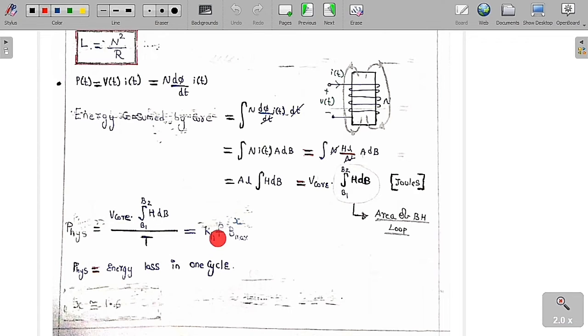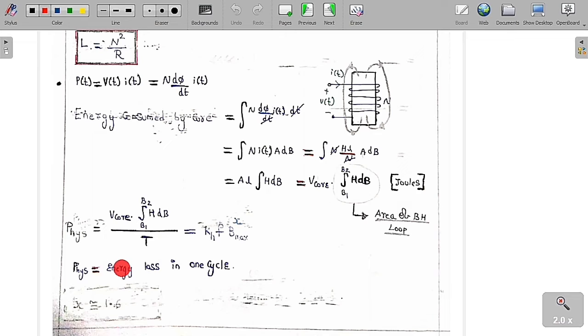If we solve this, we are going to get Kh into f into B max to the power of x, where Ph is called the energy loss in one cycle, or the hysteresis losses. The amount of energy loss in one cycle is called the hysteresis losses, where x is nearly equal to 1.6.